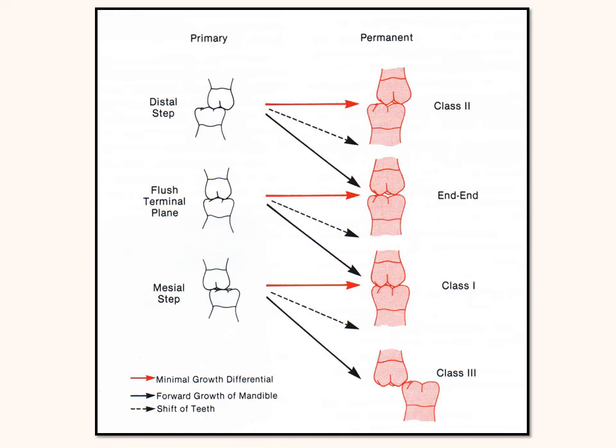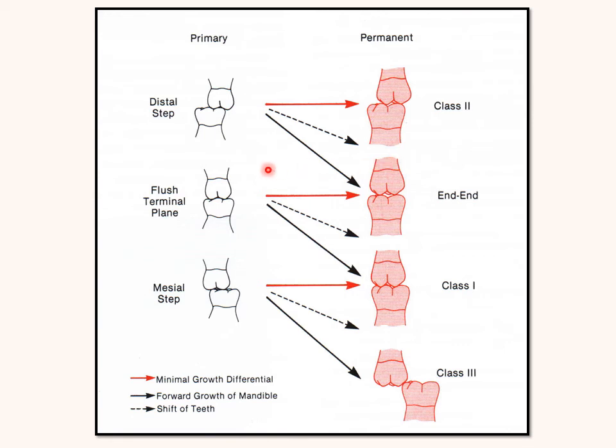How do we determine whether a distal step, mesial step, or flush terminal is favorable, and what occlusion it is going to create for the permanent first molar? For a distal step in the primary teeth, it depends on growth. If there is minimum growth, then it is class 2. If there is only a shift of teeth and no growth of the jaws, then end to end relationship.